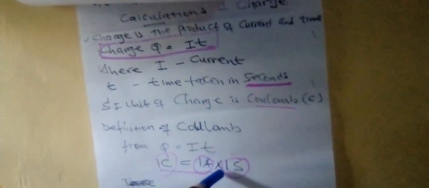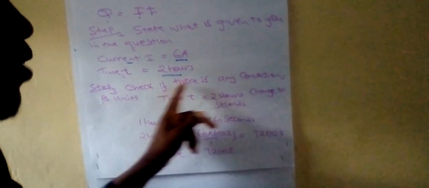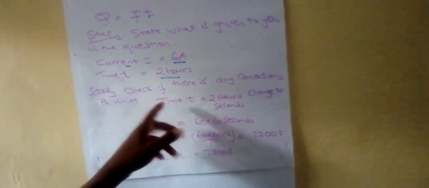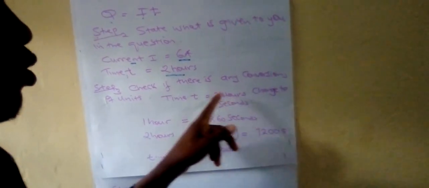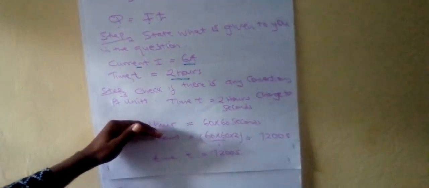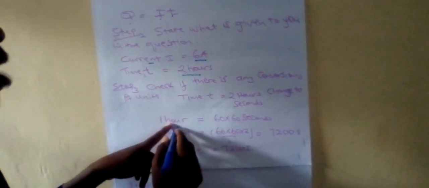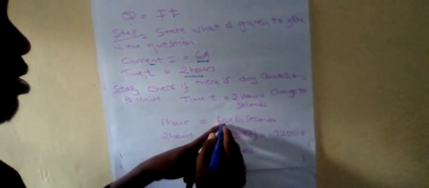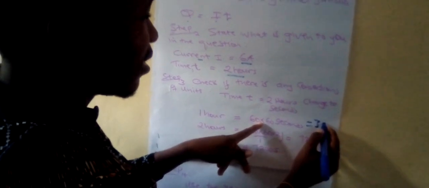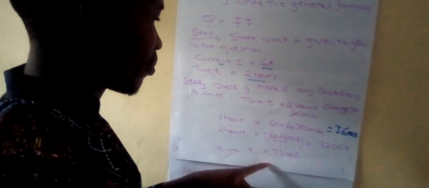Remember, earlier we had said time must be in seconds. So here we have to check if there is any conversion of units. Time is in hours, so we have to change it to seconds. In this step, we say 1 hour is equal to 60 times 60, which is equivalent to 3,600 seconds.